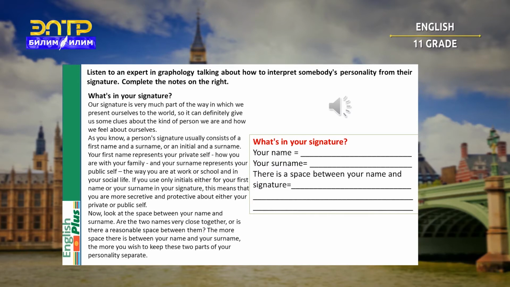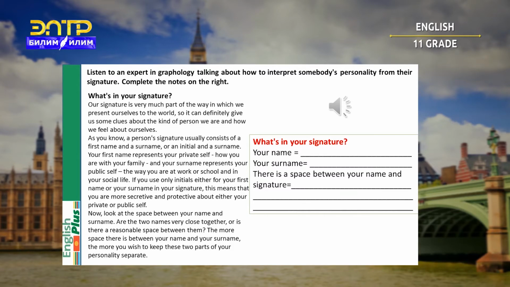If you use only initials either for your first name or your surname in your signature, this means that you're more secretive and protective about either your private or public self. Now, look at the space between your name and surname. Are the two names very close together, or is there a reasonable space between them? The more space there is between your name and your surname, the more you wish to keep these two parts of your personality separate.